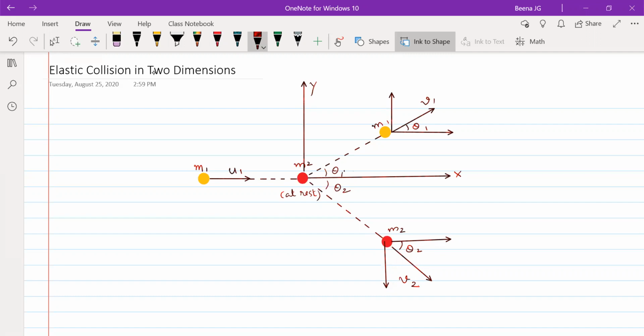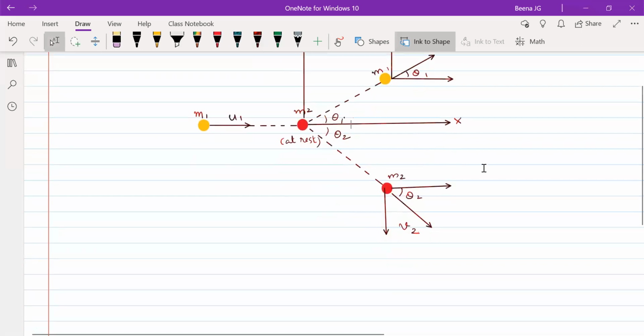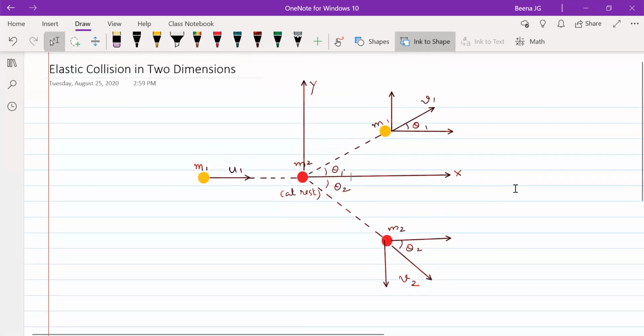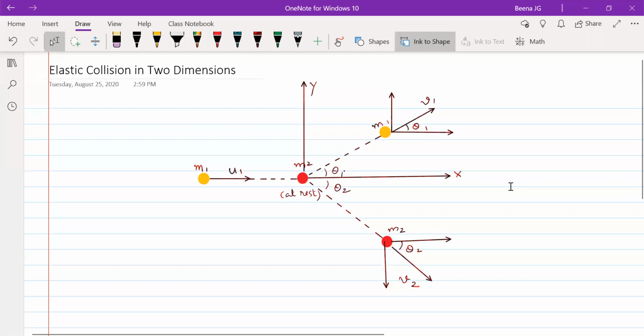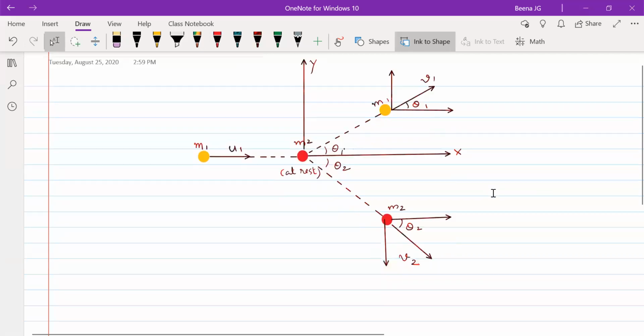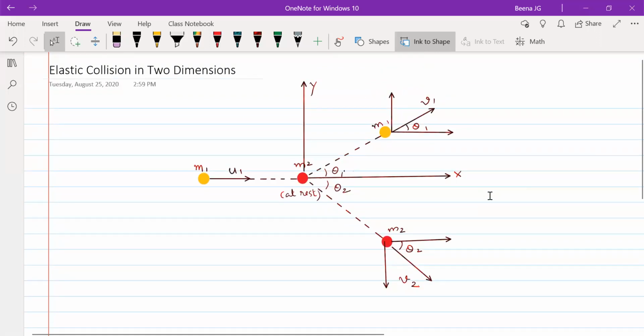So let us frame the equations by considering the conservation of momentum and kinetic energy. Remember that it is an elastic collision, so kinetic energy is also conserved. Now, momentum: initially the particle is moving along the x-axis.